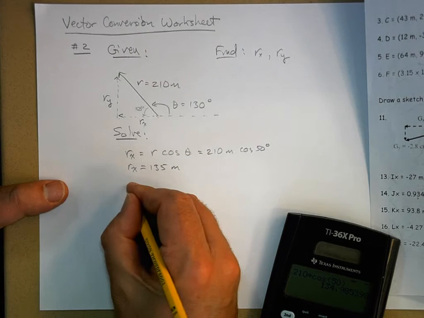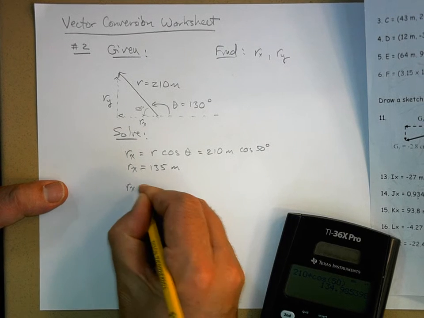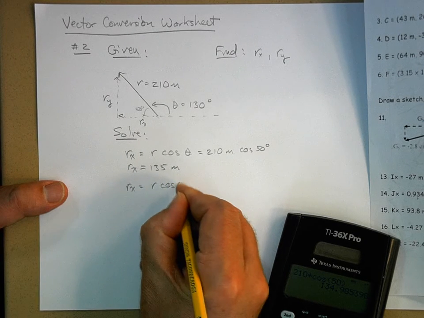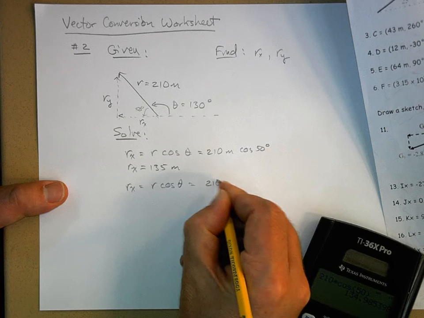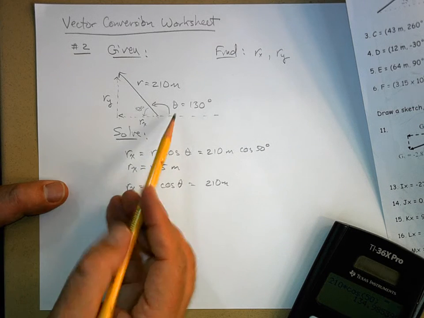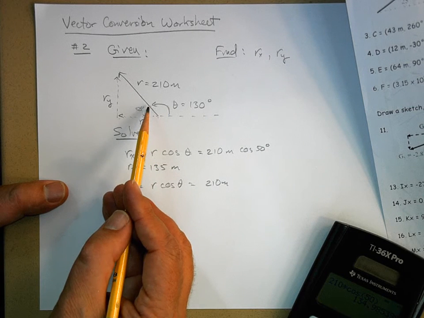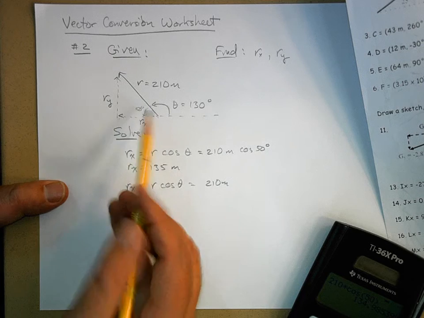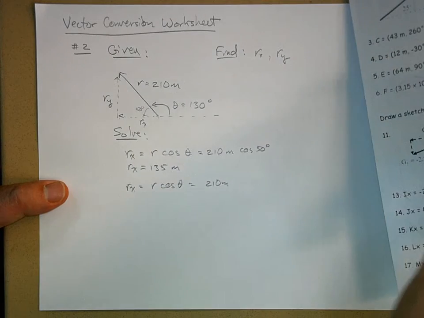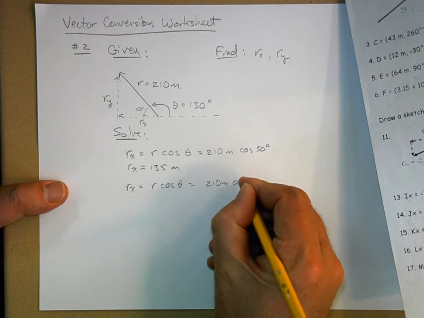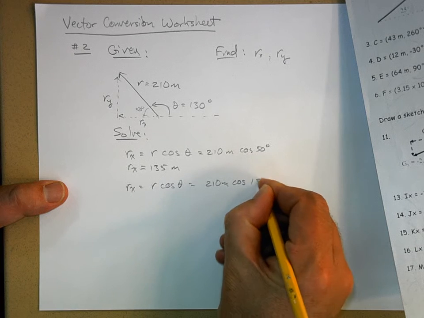Let's do this. Rx equals R cosine theta equals 210 meters. But in polar coordinates, this is 130 degrees from the positive x-axis. That's the polar coordinate angle. So trust it. Just put in cosine of 130 degrees.